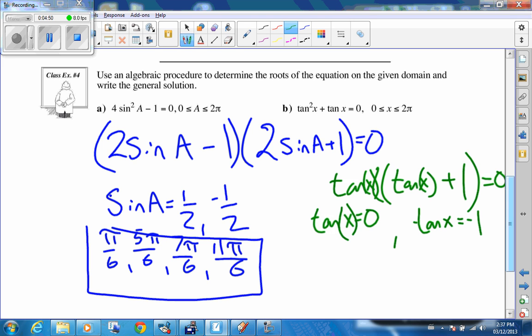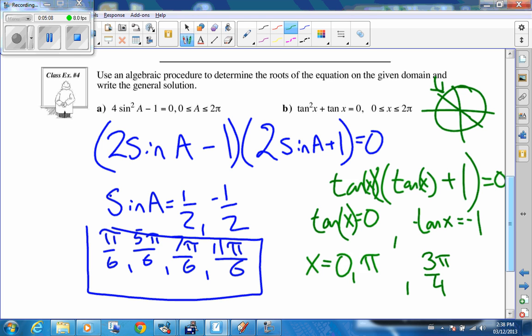This is going to happen when x equals 0 or pi. And this one, tan x equals -1, if I just do my quick unit circle here, is going to happen wherever that point is there, 3 pi quarters and 7 pi quarters. Whew. And that should be it.